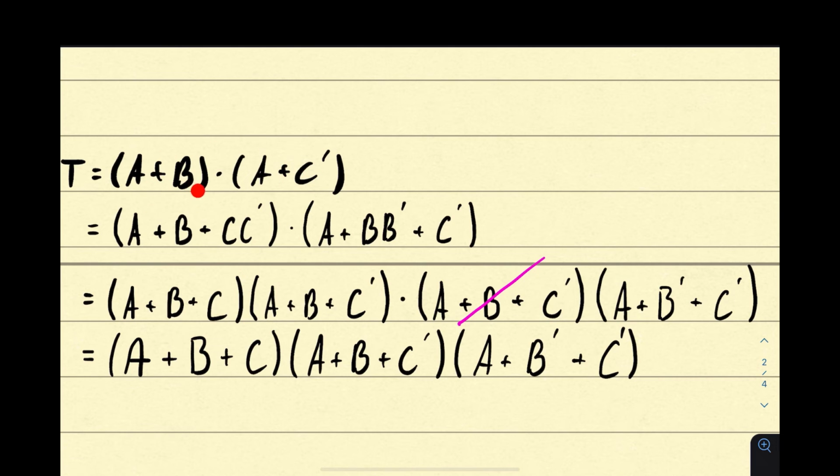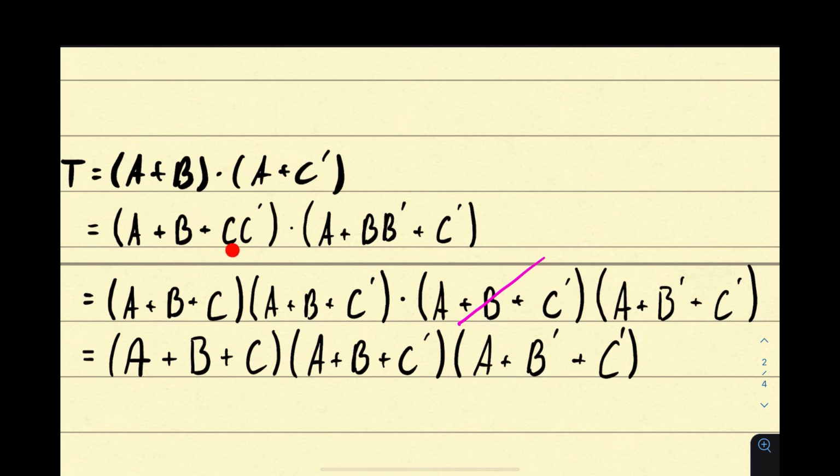So I have A or B that is missing complement of C. So similarly to SOP form, you'll bring over C ANDed with complement of C being ORed with B, ORed with A. And same thing on the other side. You have A or B, because it's missing B in this term, ANDed with B complement, ORed with C complement. And from there, you just branch off into separate terms in a way.